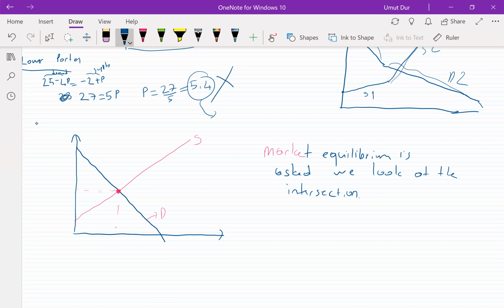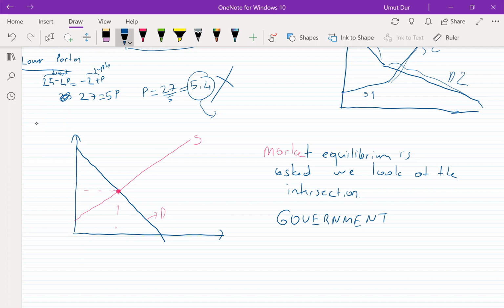But let's think about it, there is a government here. And what does the government usually do, all around the world? They are intervening in the market. They are saying that there are some rules in the market.